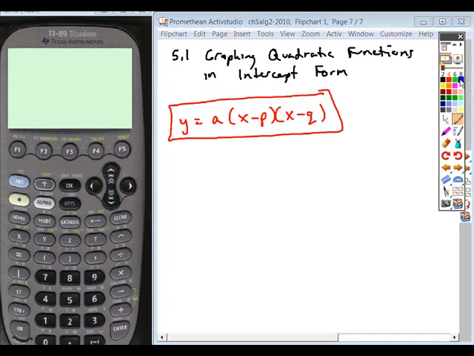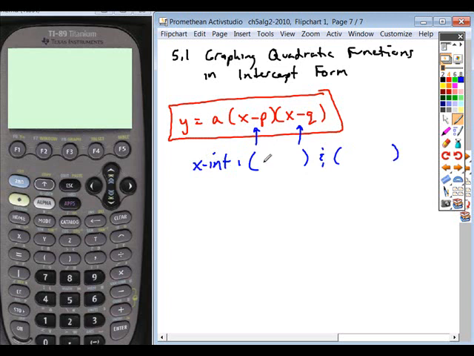And the information that's provided by this is these two factors give you your x-intercepts, your zeros. Okay, and so your x-intercepts are going to be the following points.